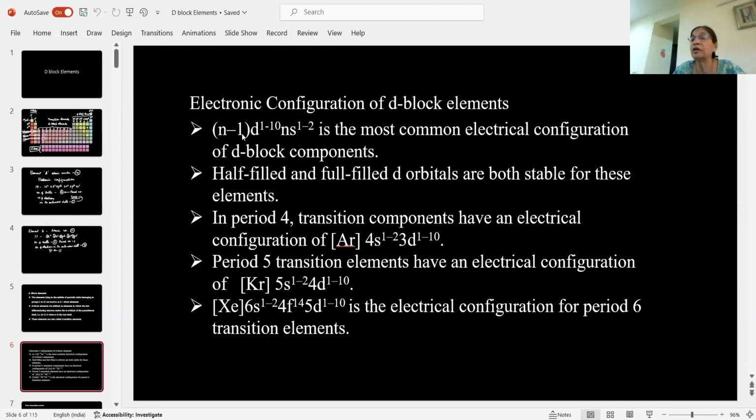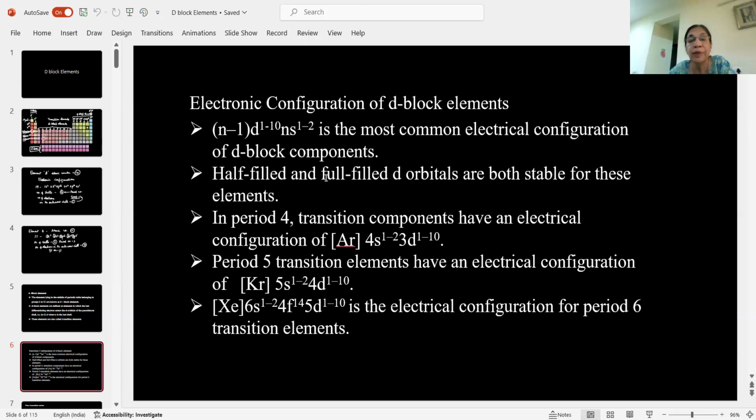You know that if I take the 3D series, the electrons will first fill in 4s and then they fill in 3D. So that is why this is the electronic configuration of the last two shells.